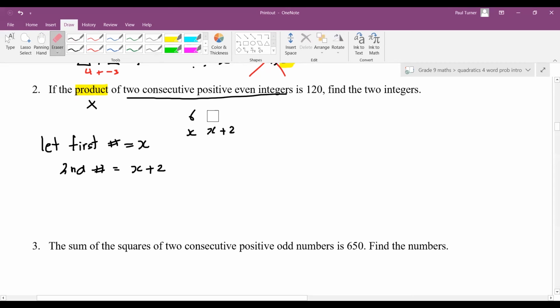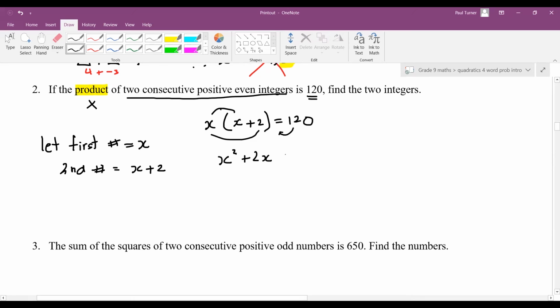Okay, let's clean that out. And here it says product of these numbers. So x times x plus 2 is equal to 120. Now you can see this is just an equation. We'll expand it and solve it. So x times x, x squared. x times 2, 2x.